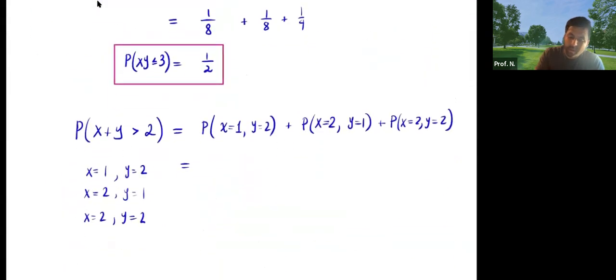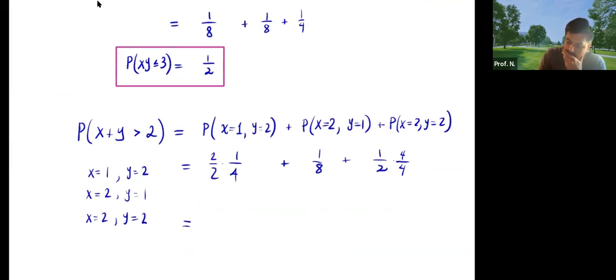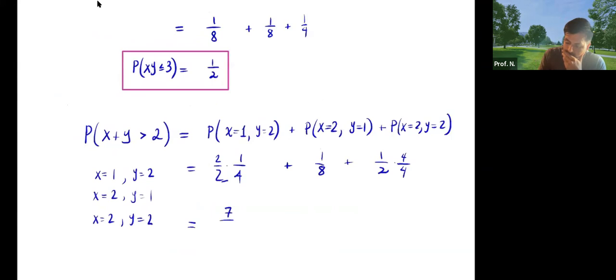So 1/4 plus an eighth plus a half. And of course, when you add this up, it should be something less than 1, right? So if you multiply this by 4, this is a 2. So 2 plus 1 plus 4 is 7. 7/8.